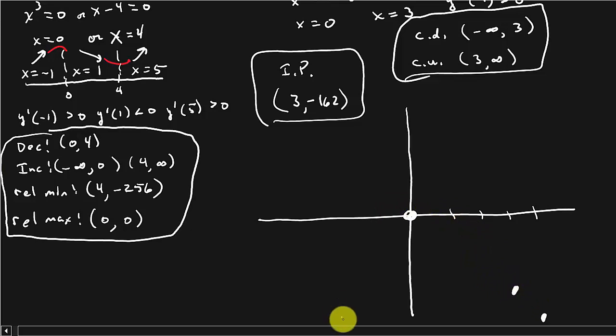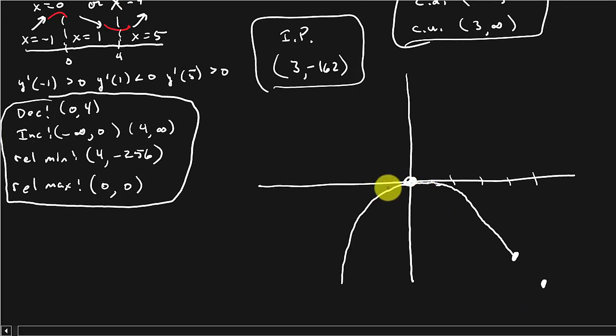So this thing's going to look something like this. It's going to flatten out a little bit here, like this, and it's decreasing. Probably maybe a little flatter there. But see, it's decreasing all the way until we get to 4.